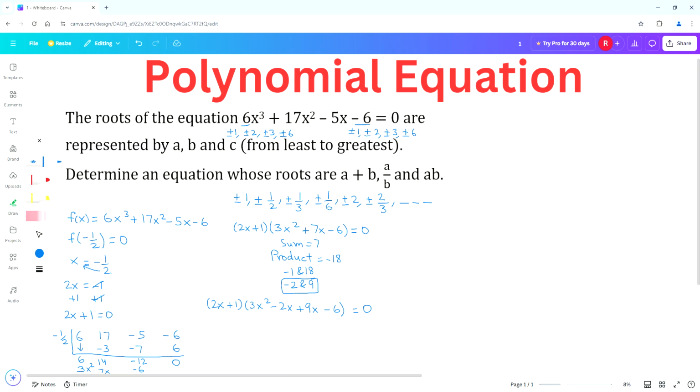Next, we should use the grouping method. We can pair up the first two terms and the last two terms. We have to do common factoring from each pair. We can factor out an x from the first pair.